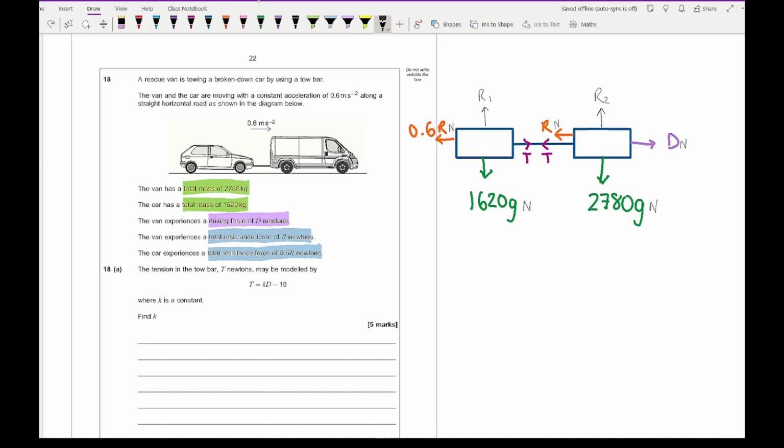So I've just popped those in pencil just so that you can see that they would normally be in our diagram, but we're not going to use them for part of this. The other thing to make sure we've got is our acceleration, and that we can include in our diagram with that double arrow, and we've got 0.6 and the units we're told meters per second squared.